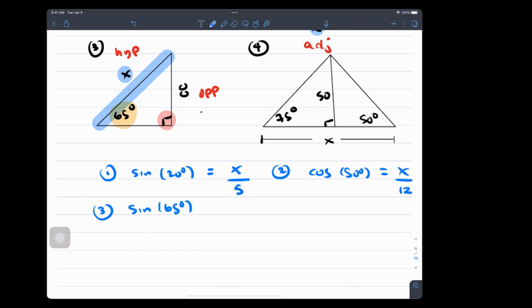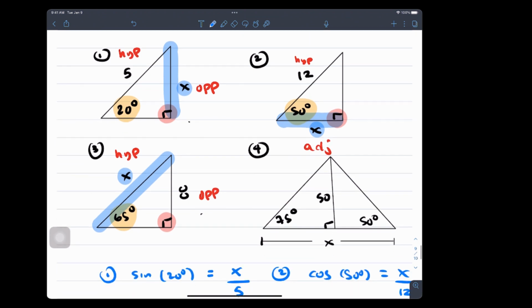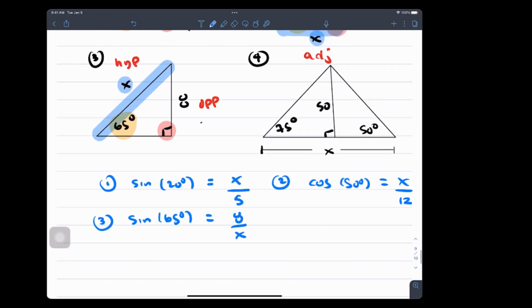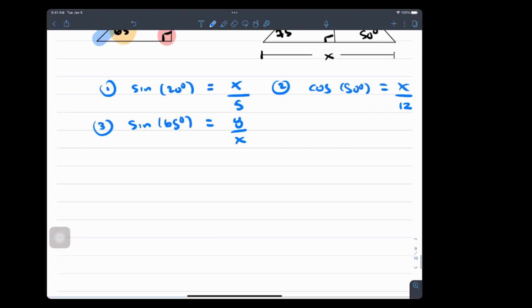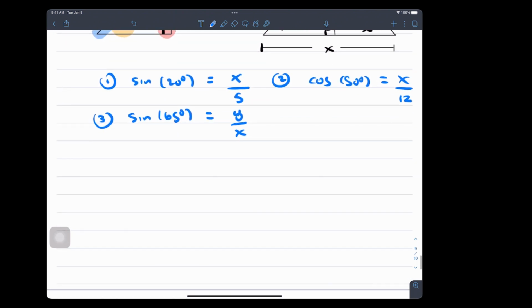Sine 65 degrees is going to give you what? 8 over X. Is that right? So I want you guys to understand that detail. That's an important detail. So I'm going to leave out number 4 for now, but we'll get back to that.